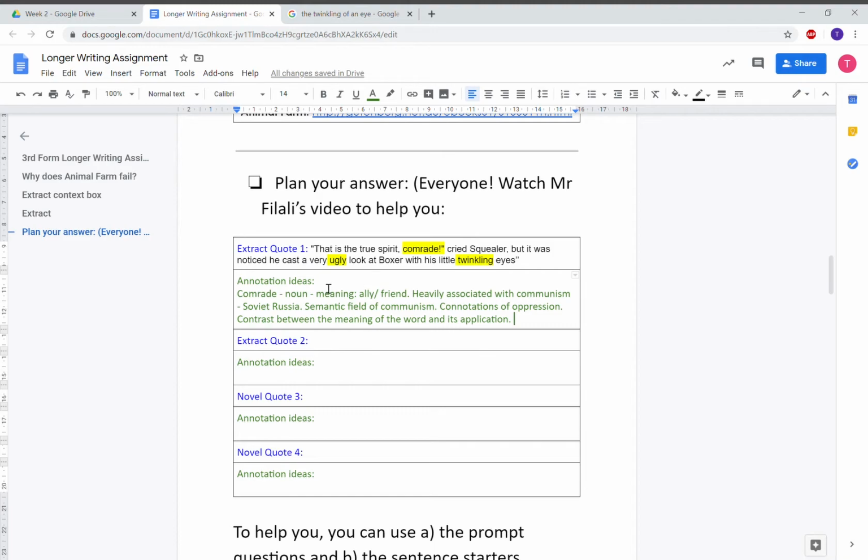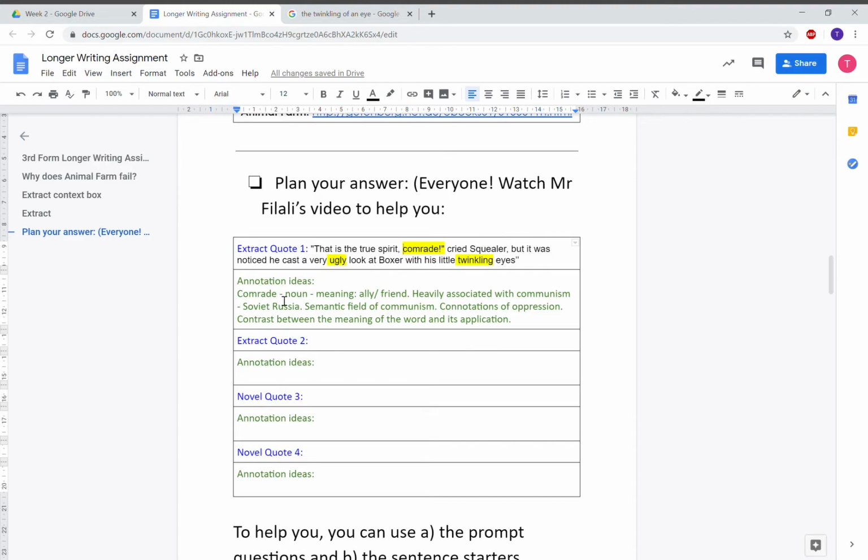What I mean by that is, let's use Squealer for example. Squealer calls Boxer his comrade, his friend. What he's saying, comrade, it means friend, it means ally, but he's not treating Boxer as though he's a friend or an ally, okay? So there has been in history, and there is in this story, a real contrast between what the word means, but how it's used, okay?